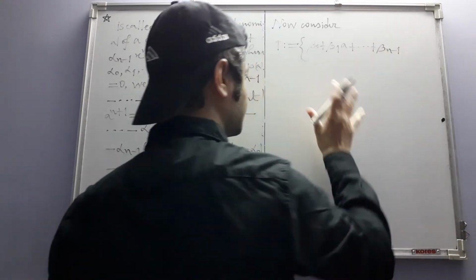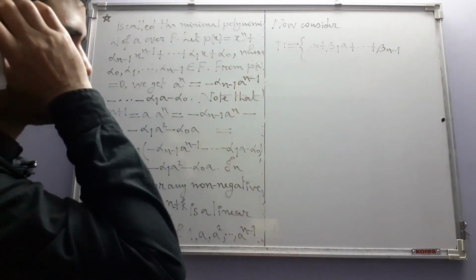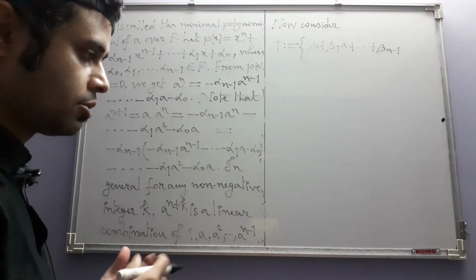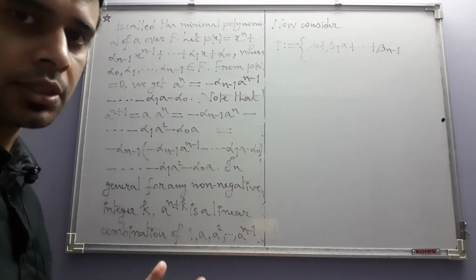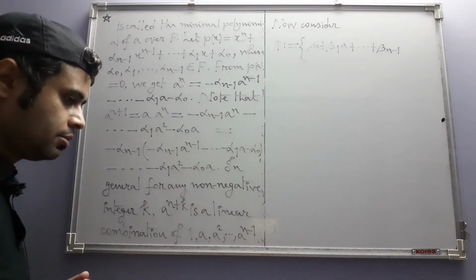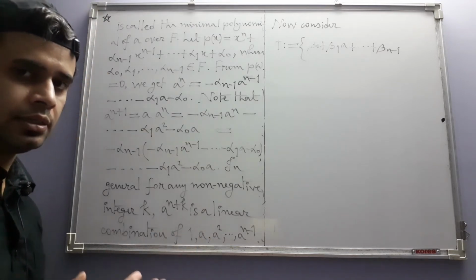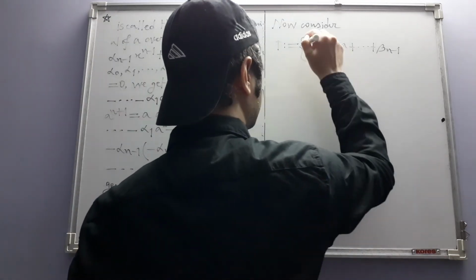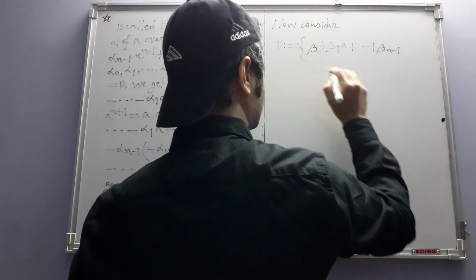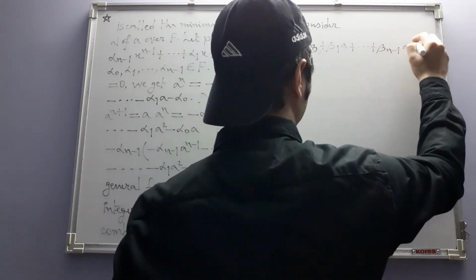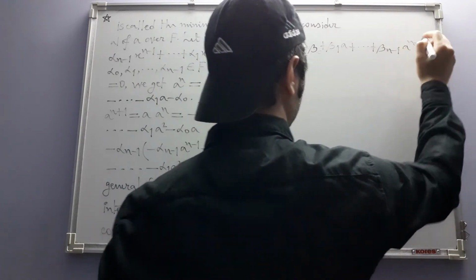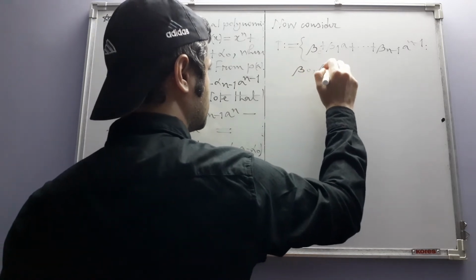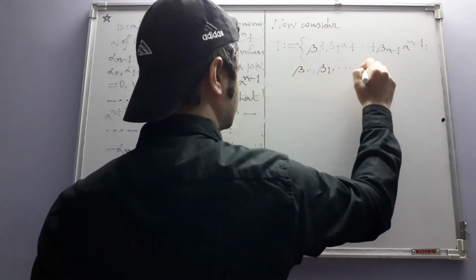Oh, it's not exactly that T that we were talking about, because that T consists of all polynomial expressions in A where any power of A is allowed. Here, however, we are going to consider only till n minus 1, where the betas of course are in F.